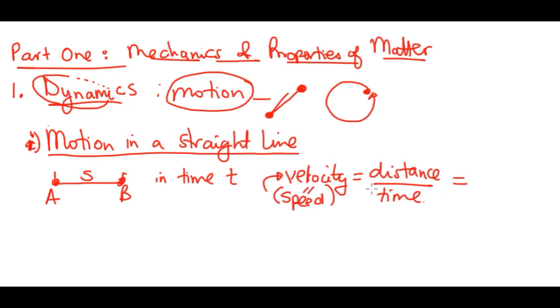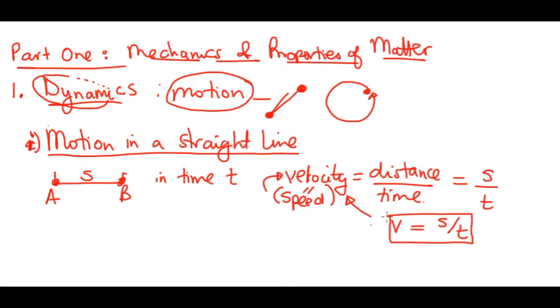This is then given by, what is the distance between A and B? It is S. And what is the time it takes to move from A to B? It's t, right? So we have an equation. If V denotes our velocity, V is equal to S over t. That's going to be our very first equation in this physics course. V is equal to S over t.